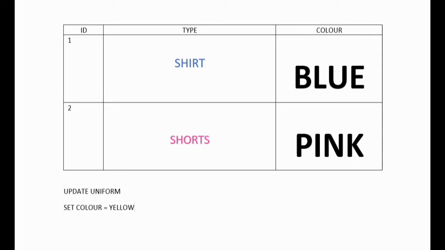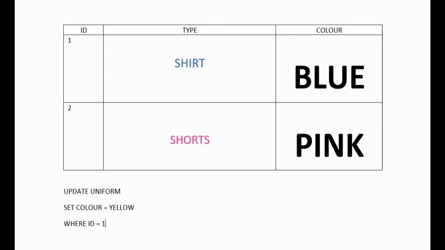That is where ID comes in, because if you don't specify an ID, SQL will think that we are changing the color for both shirts and shorts, but now we are changing the color for shirts only. So that is where ID comes in. So where ID equals 1.